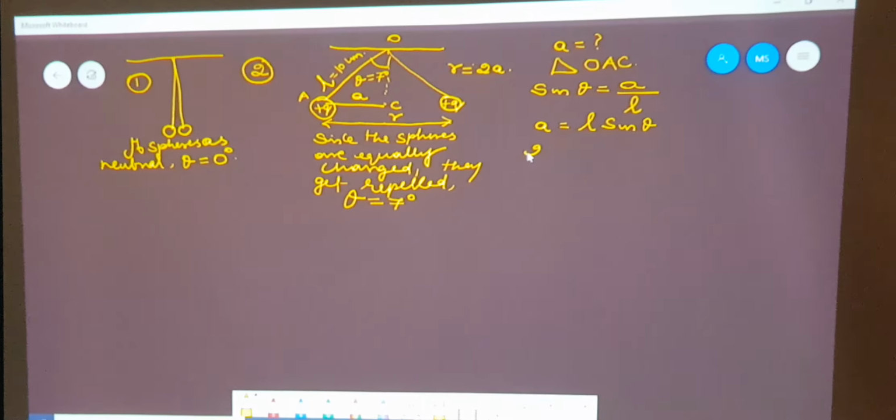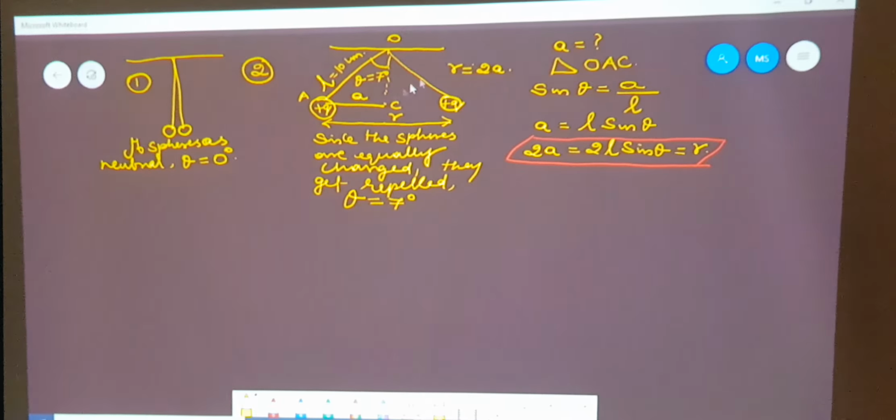Now from this, 2A equal to 2L sin theta, which is equal to R, the distance between the two charged bodies. Let us have it inside a rectangular box.